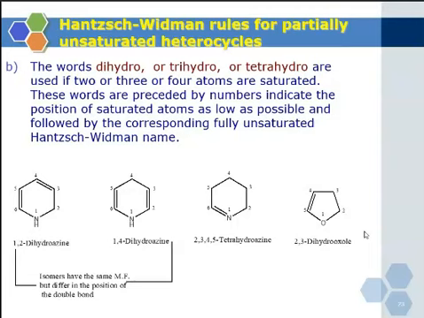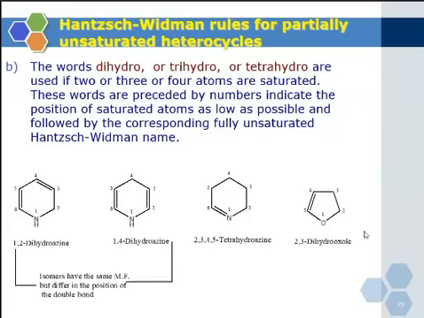And they should be numbered in such a way that they get as low a number as possible. And this should be followed by the corresponding fully unsaturated Hantzsch-Widman name.